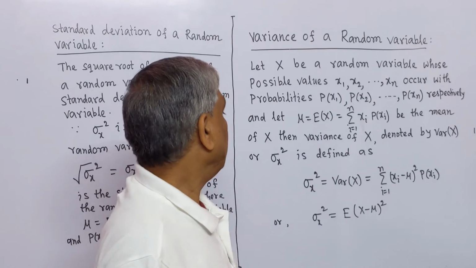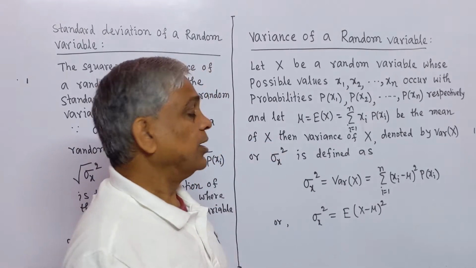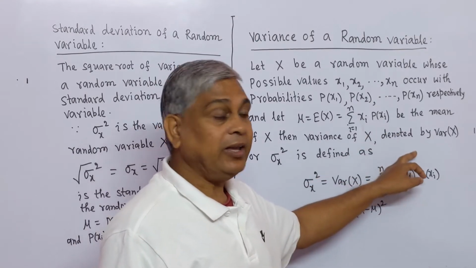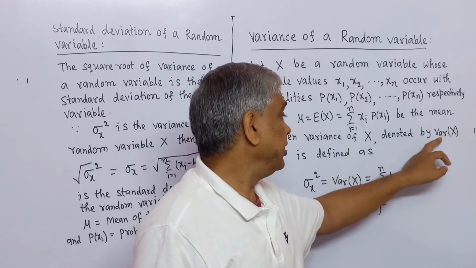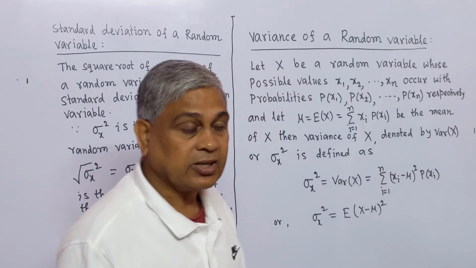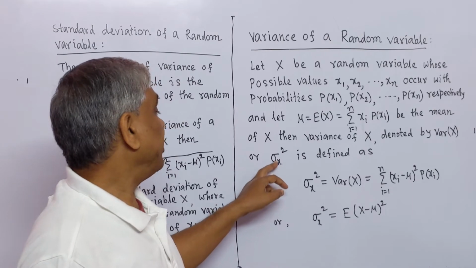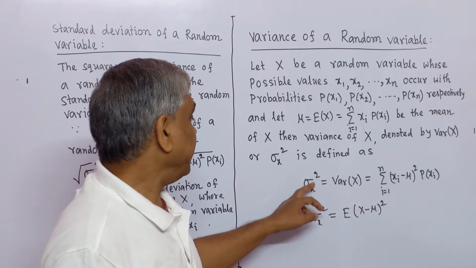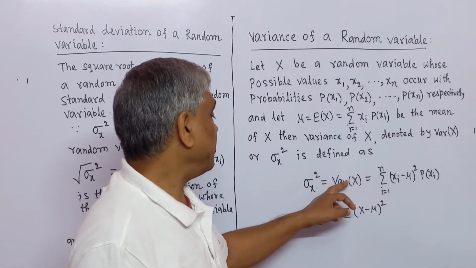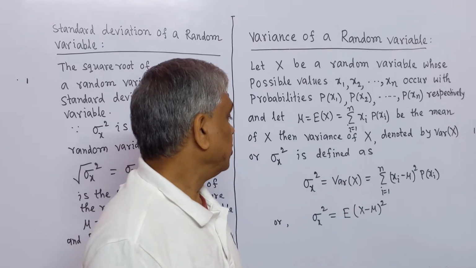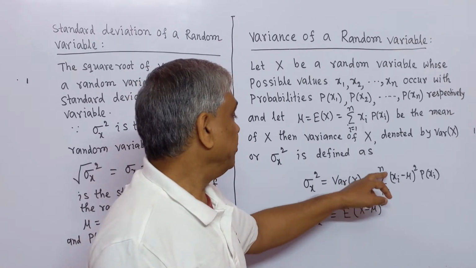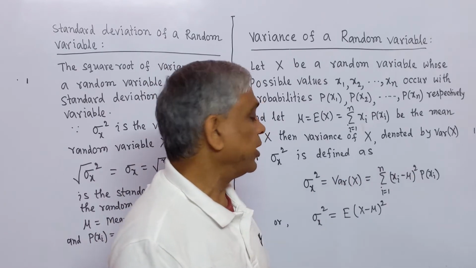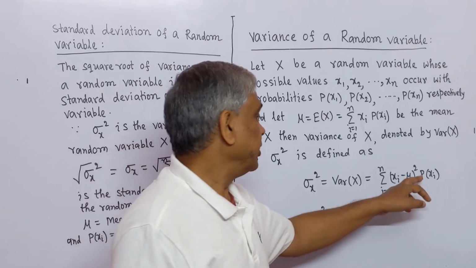This is the mean of random variable X. Then variance of random variable X is denoted by Var(X) or sigma x square, and is defined as sigma x square equal to variance of X equal to sigma i equal to 1 to n (xi minus mu) whole square multiply probability pxi.